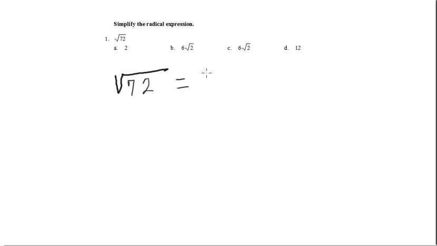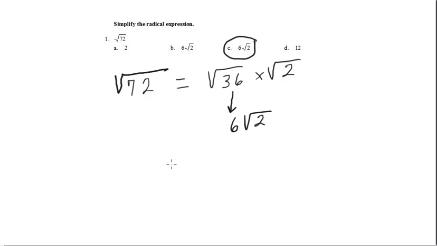I can see real quick that we could just say the square root of 36 times the square root of 2, because I'm looking for perfect squares. The largest perfect square I could find, of course, is 36. So the square root of 36 is 6. We can't do anything with the square root of 2, so it's 6 times the square root of 2, so it's answer C. That's the first one.